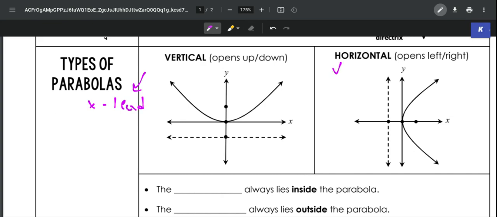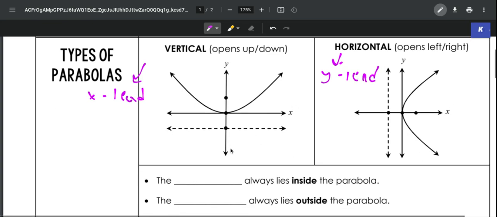And then our horizontal parabola, y will lead. It's kind of counterintuitive, because we've gotten into the habit of making horizontal x lead. Now we have to flip that for the sake of a parabola.